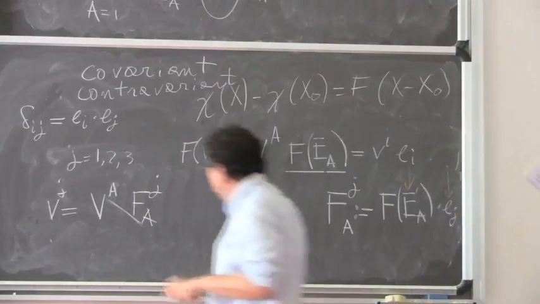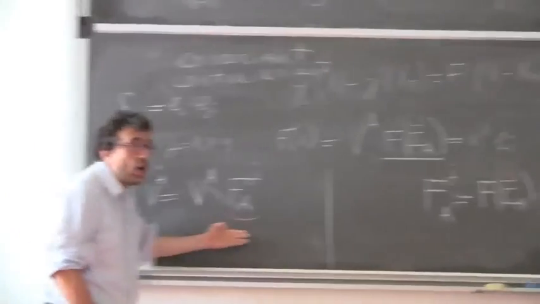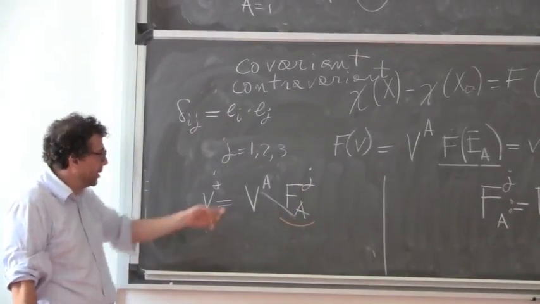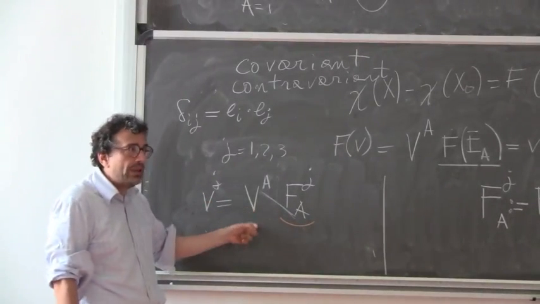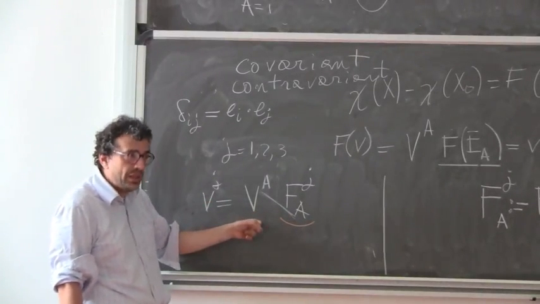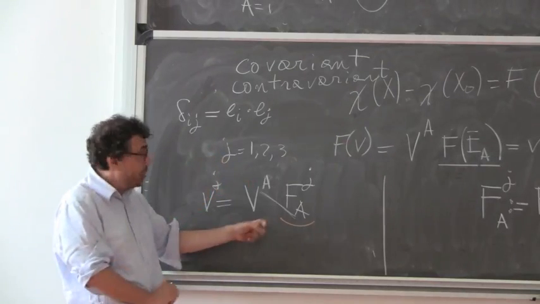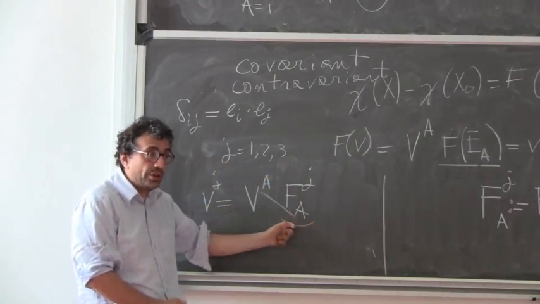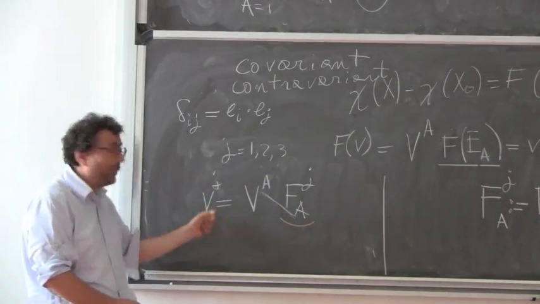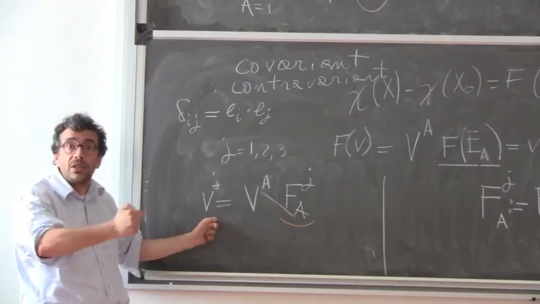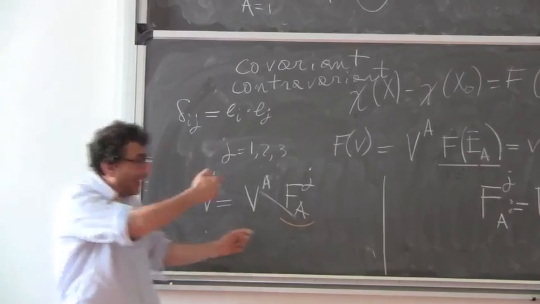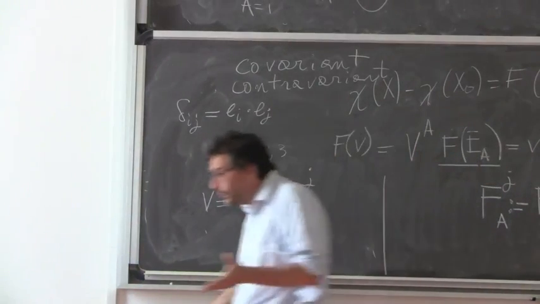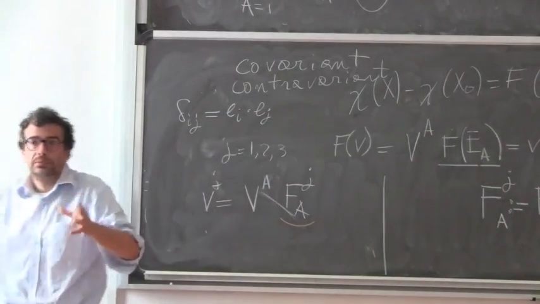This matrix is doing the job of the linear application. You give the components of the first vector, capital V, in the first basis, calculate the row times column product, and you get as a final result the components of the image in the second basis. Wonderful.